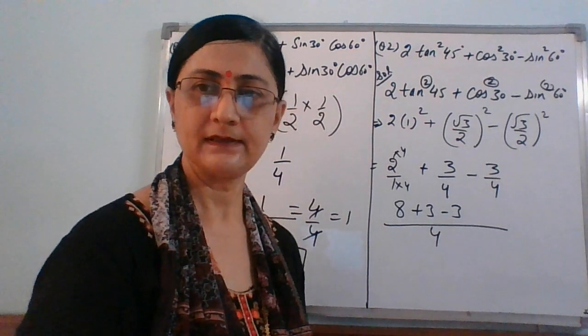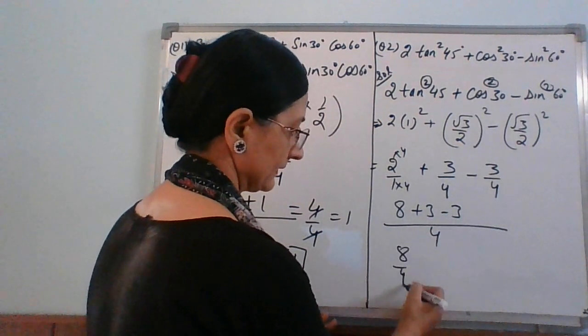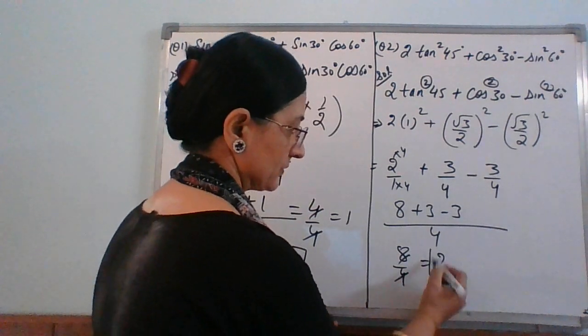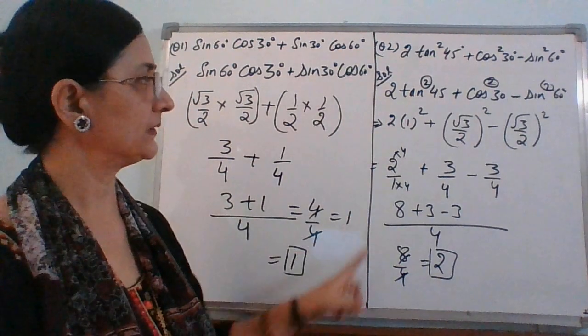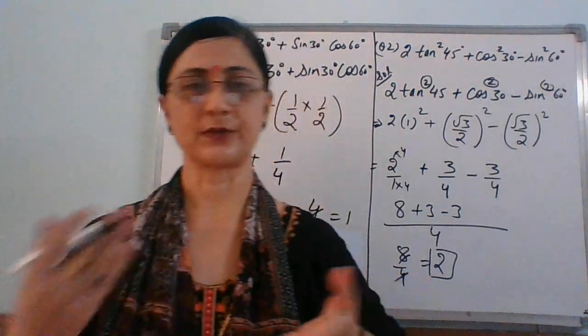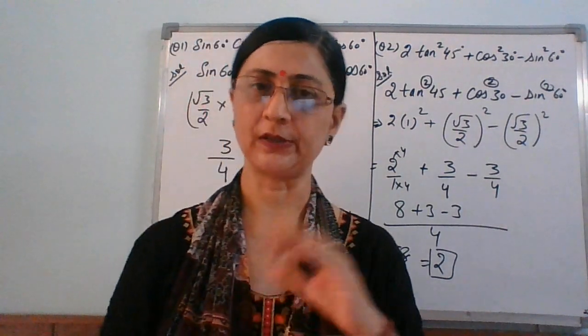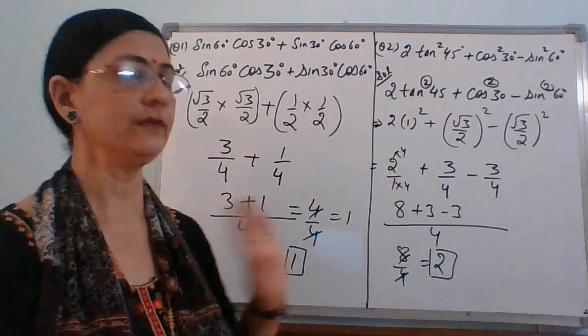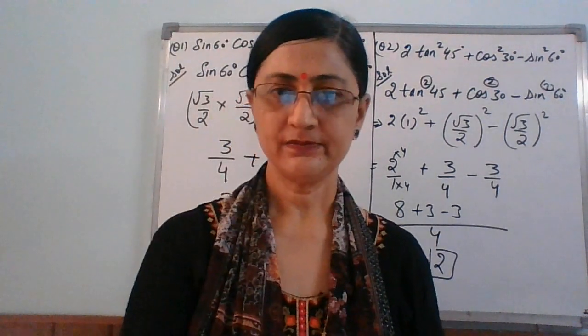So what happens? 3 3 cancel हो जाता है, 0, 8 by 4, and that is 2. So I hope it's clear, right? So we just have to substitute the values. अगर उसके ऊपर square है तो आप square करो. Addition है, subtraction है, और fraction में जब addition subtraction होता है, you have to take the LCM, then solve accordingly, right? Now we'll be doing the next question.